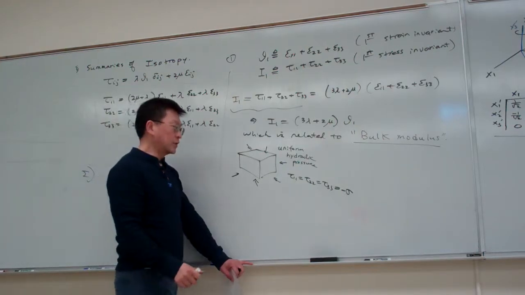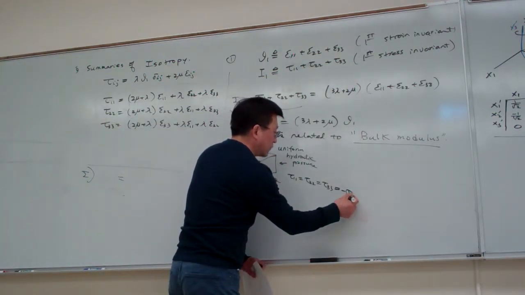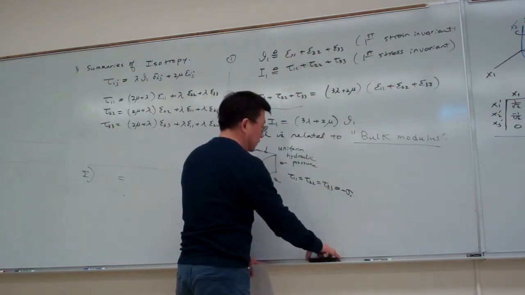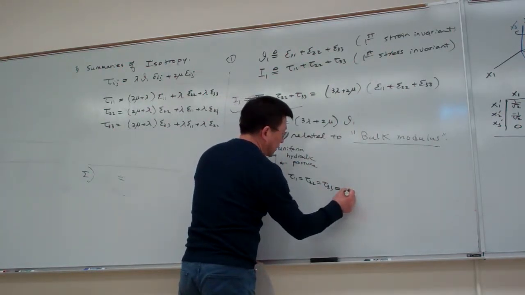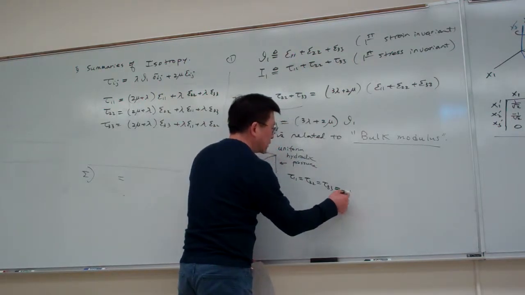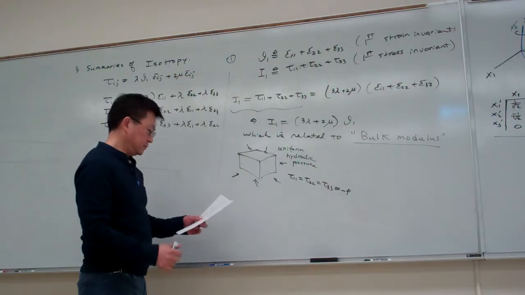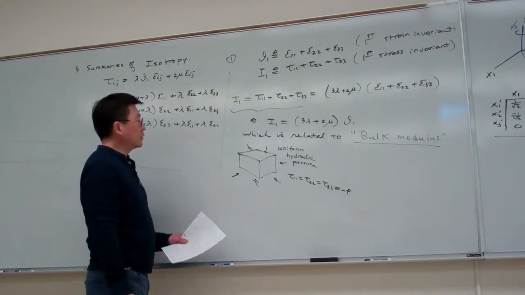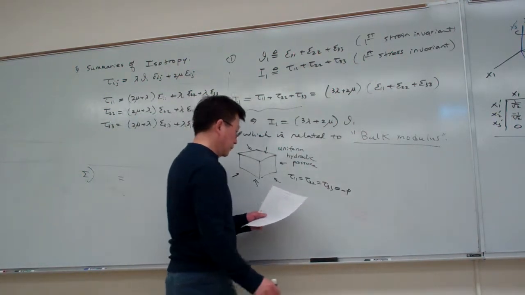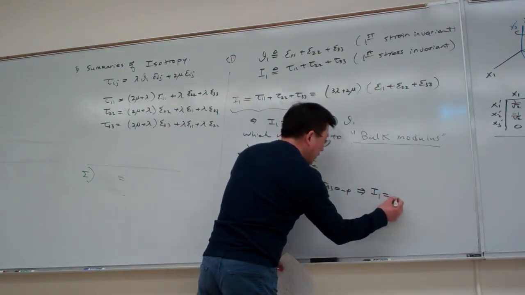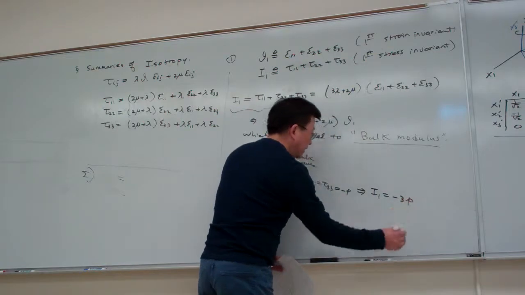For example, hydraulic pressure, that is the magnitude sigma, whatever, let me say P. P is the pressure there. Negative means compressive. So from here we know in this way our I1 equals simply minus 3P.